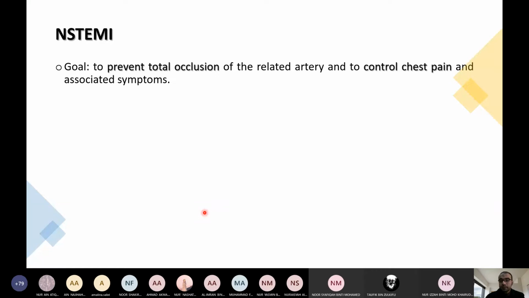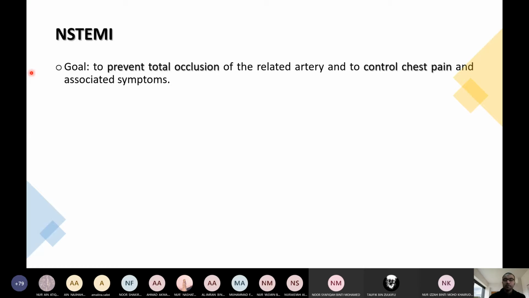So now we understand the STEMI. What about the non-STEMI? In the STEMI we have a major role of revascularization that can be done either by the PCI or the lytic therapy: the PCI within 90 minutes, and the lytic therapy, if PCI cannot be done within 2 hours, with door to needle within 30 minutes.